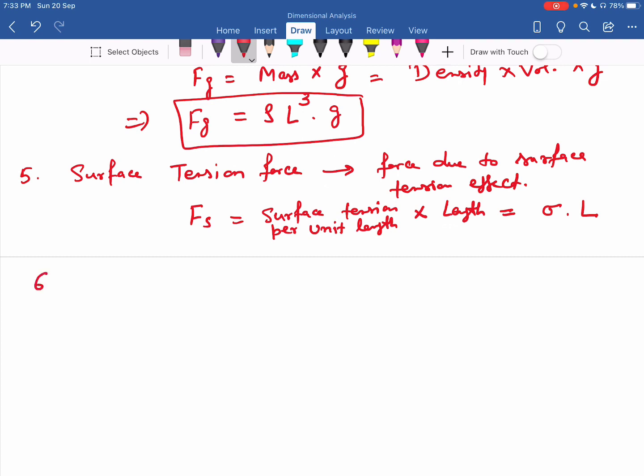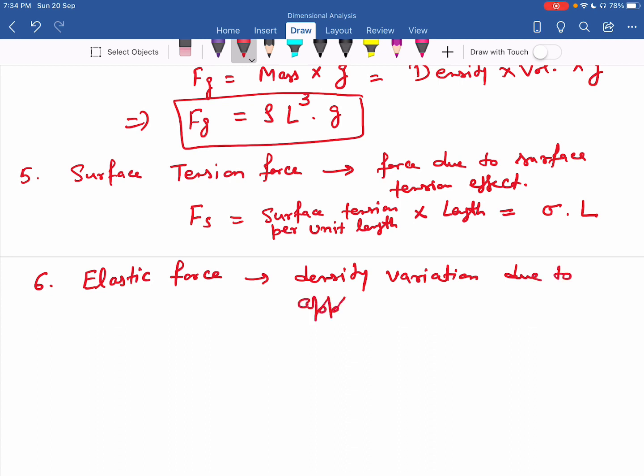And the last force is the elastic force. This force exists when there is density variation due to application of pressure or pressure intensity.